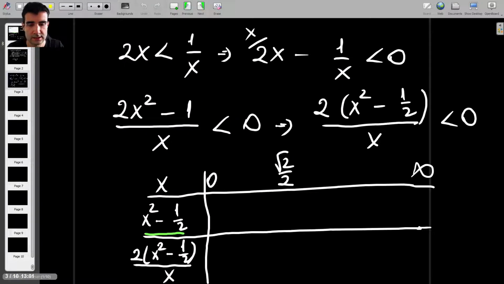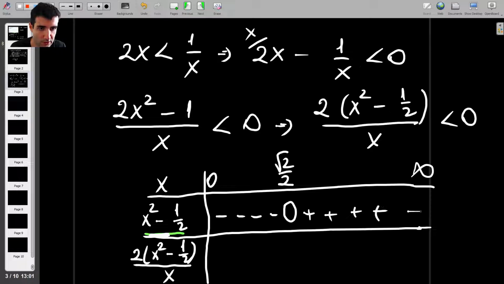so we'll ignore that. Now, if you do this for values from 0 to root 2 over 2, you'll see that this is going to be negative. This is going to be 0, and it's going to be positive from this point onwards. Obviously, x is positive always. So when you divide one by the other, you're going to get negative here.